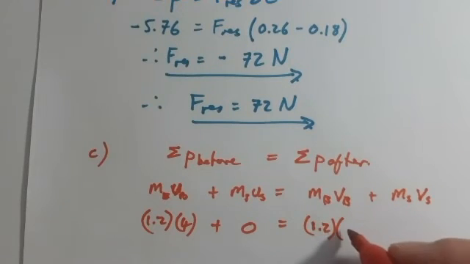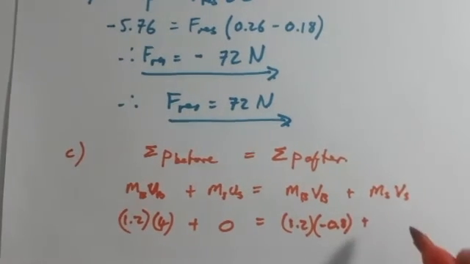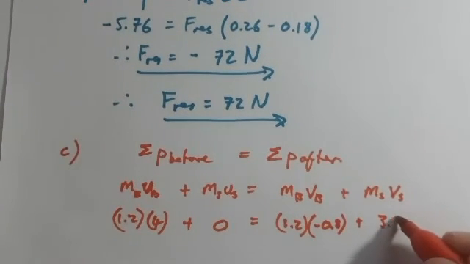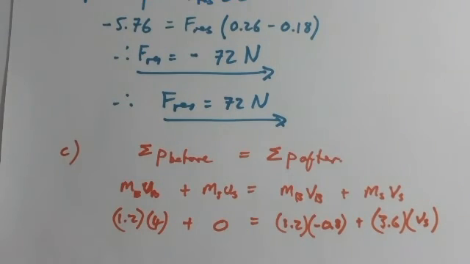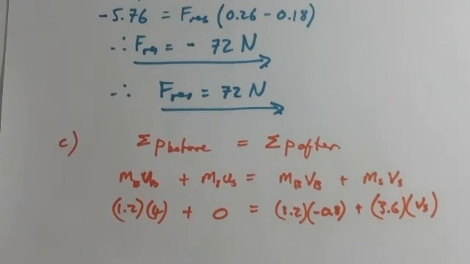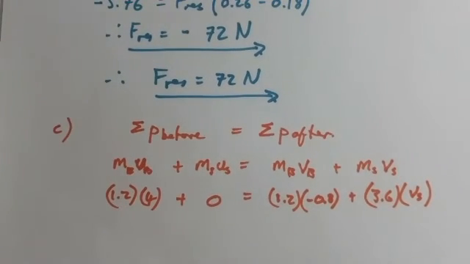Velocity is in the opposite direction, negative 0.8. Plus, now my unknown 3.6 Vs. That's the one that I want to calculate. All right, let's do the calculation and see where we get to.